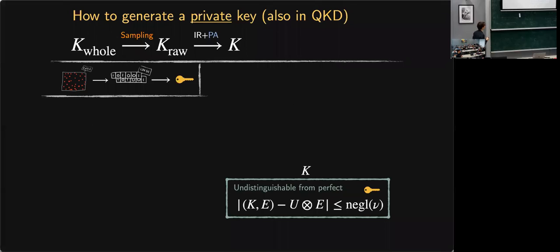This can be seen as the statistical distance, and that needs to be smaller than any inverse polynomial in the security parameter. Here the n has become nu. So this is the target. We want to obtain this.